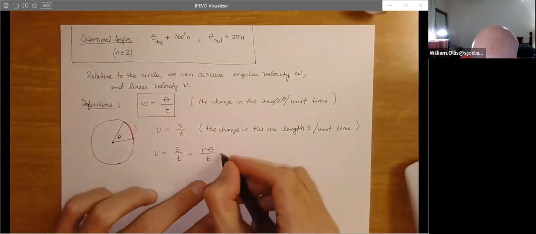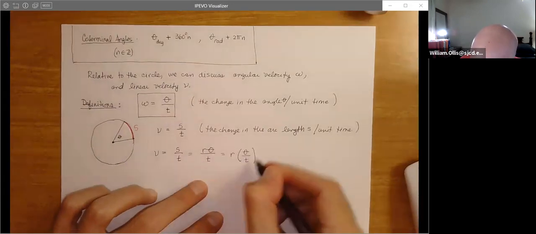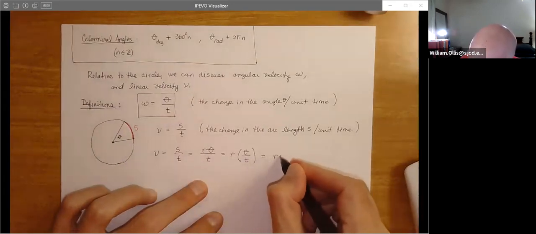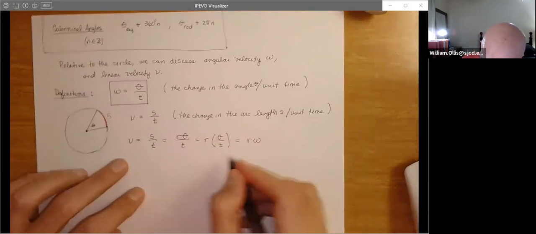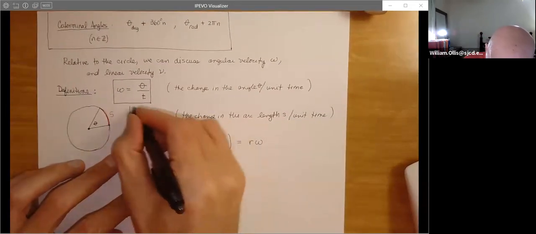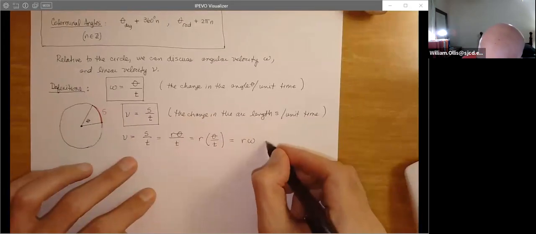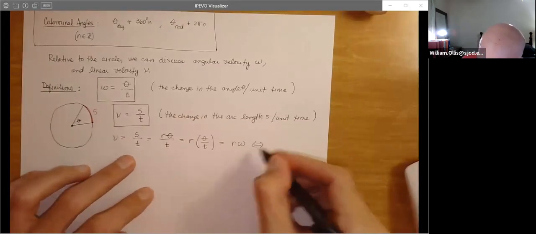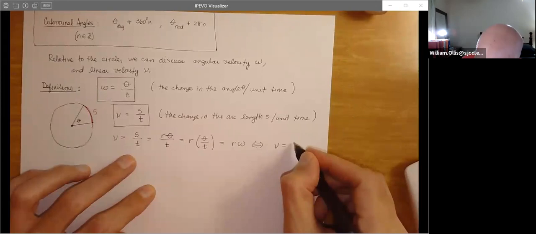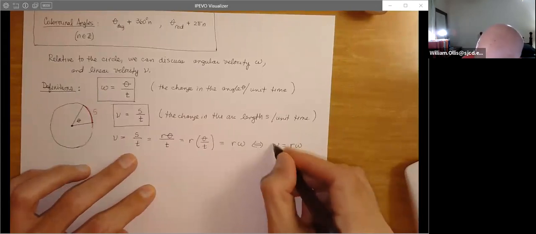And then, of course, we see the omega here. So this is R times omega divided by T. So we have R omega. So now we have the standard definition, but then we have maybe a more convenient definition of linear velocity, which is R omega.